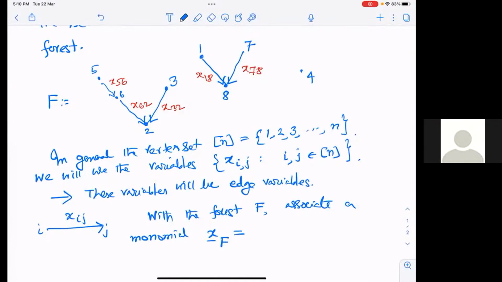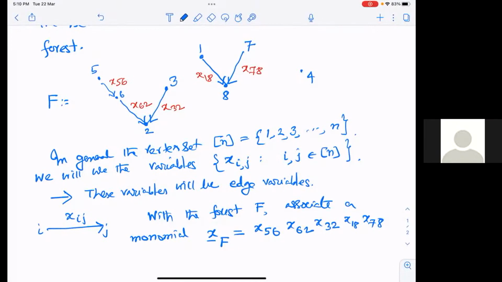It is not only one variable, I'm just using the shorthand. For example, the x^F for this forest is simply x56 x62 x32 x18 x78, just indicating the edges. 4 is isolated, so there is no edge, so you won't care for that.